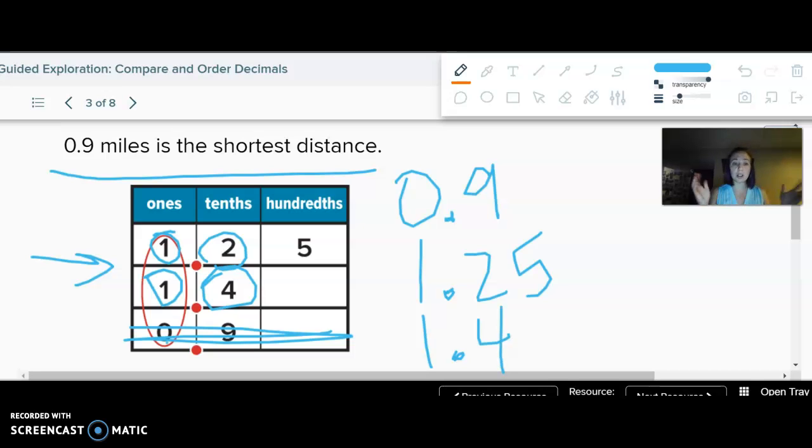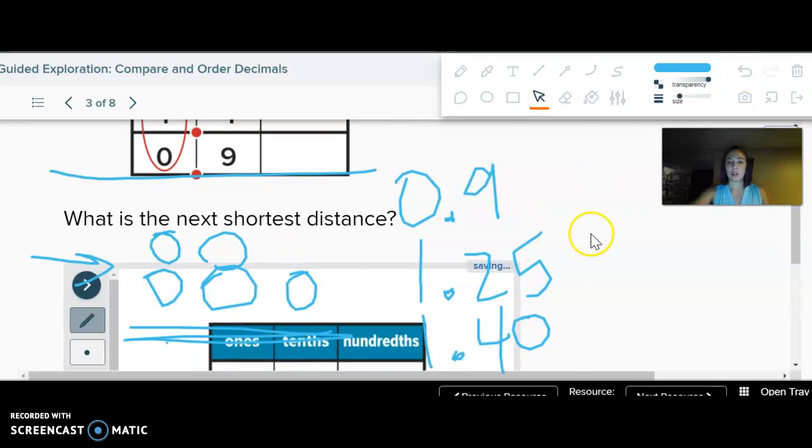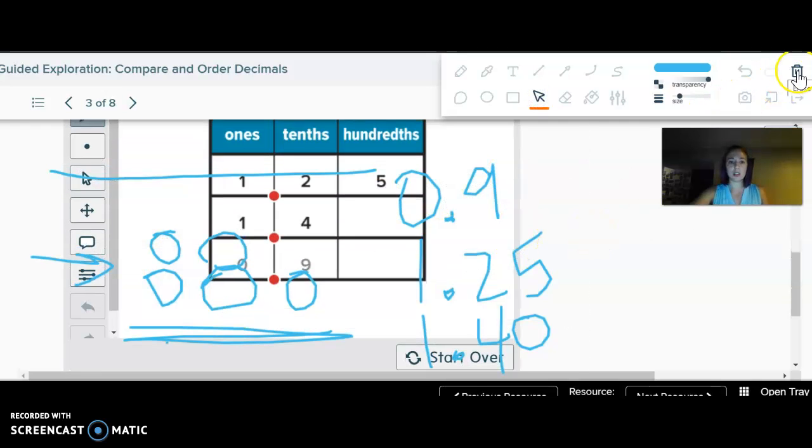Okay, even though 25 might look like it's bigger than 4, remember that 4 is 4/10, or we could say 40/100ths, and 40/100ths is bigger than 25/100ths. I think like 40 cents is more than 25 cents. So we did the next shortest.